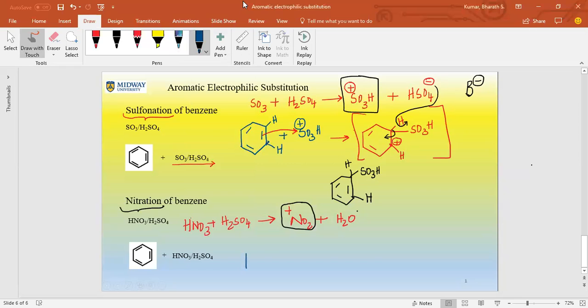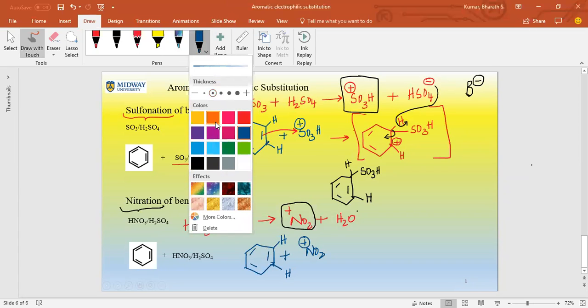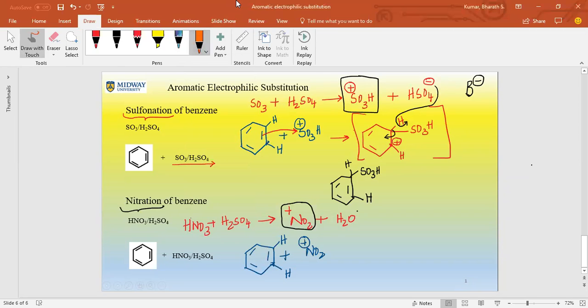So you've got your benzene ring. This reacts with your electrophile. Keep in mind, your benzene already has two hydrogens here. Let's get our colors. Orange might work, I haven't used orange much. So this double bond now connects the nitrogen to this carbon.